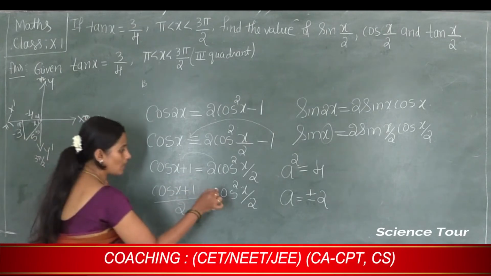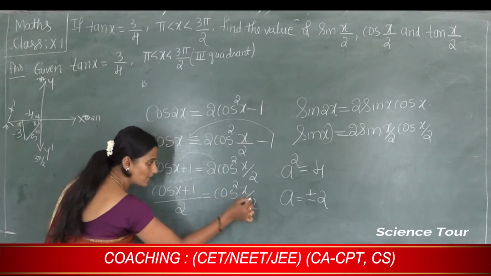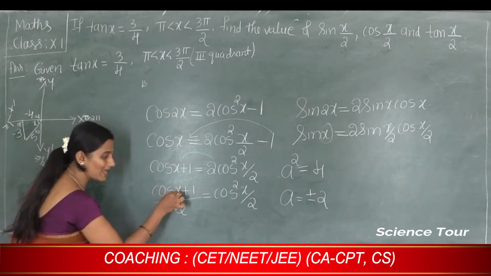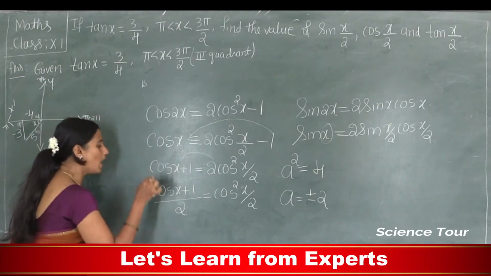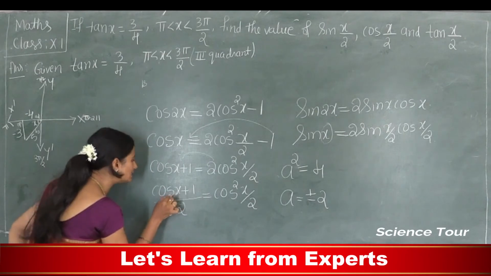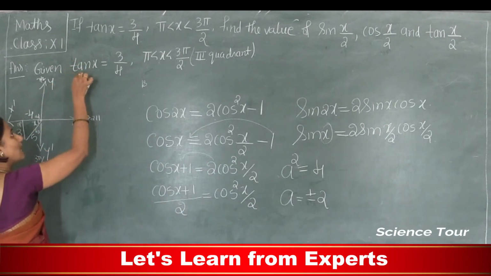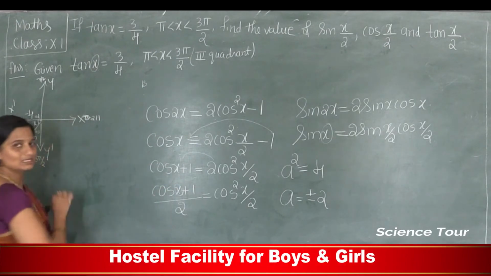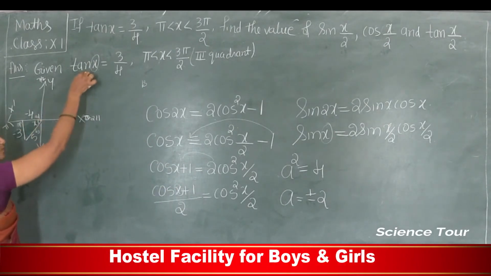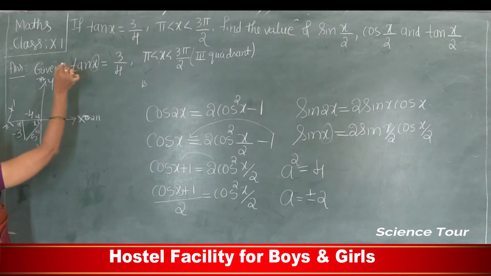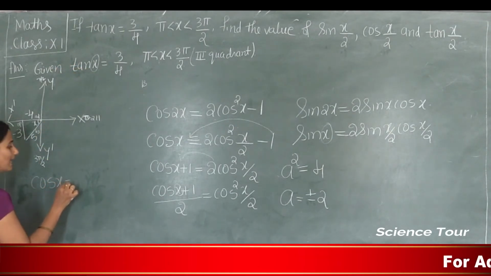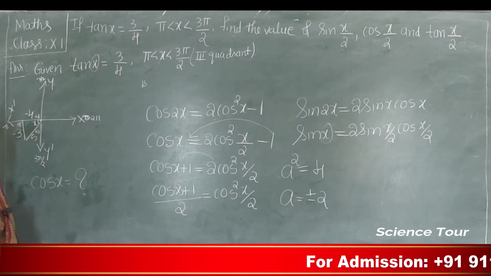Okay. So now to find cos square x by 2, what are the data we need? Cos x we need, right? How to get that cos x? The given is tan x. The angle is x. So means what to find by this tan x? By tan x we have to find what is your cos x.